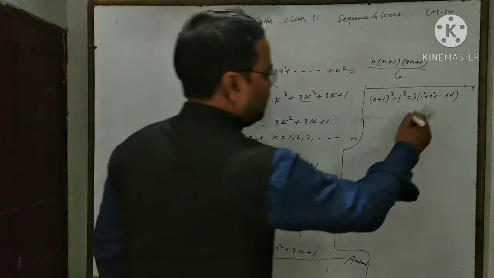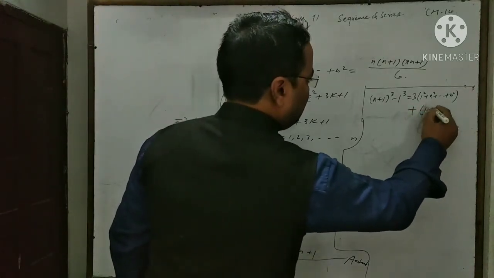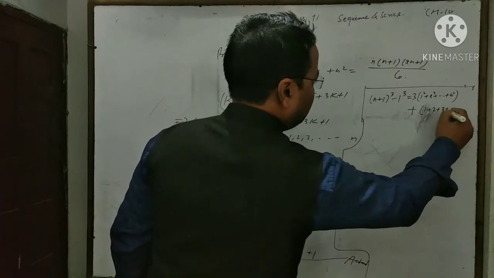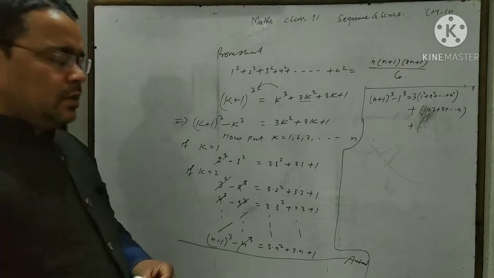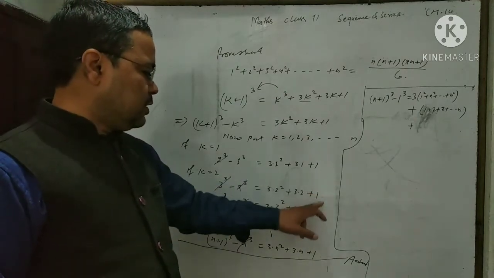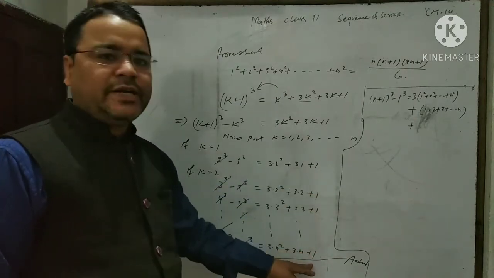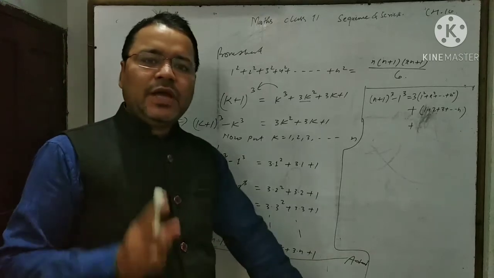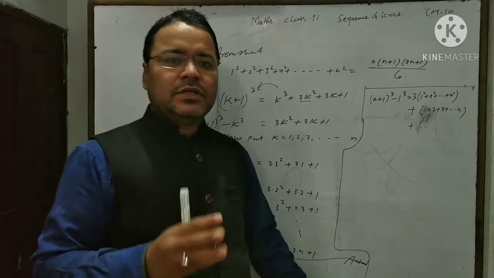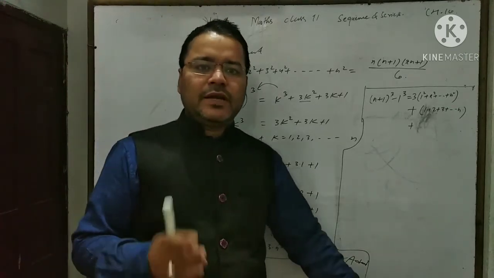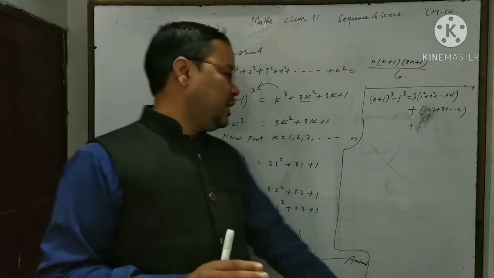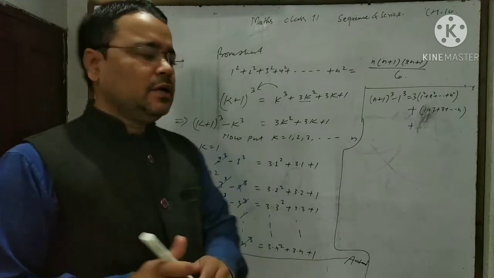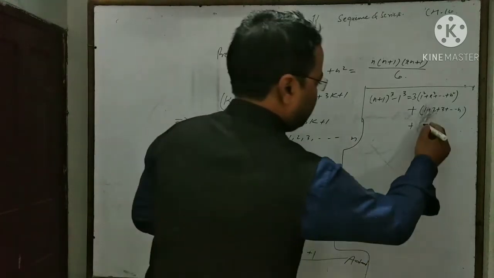If we take 3 common, then we can write here 1 plus 2 plus 3 up to n. Now the third one. Here only 1, 1, 1 added up to n. If we add 1 three times, then the value will be 3. If we add 1 ten times, the value will be 10. Similarly, if we add 1 n times, the value will be n. So here it is n.